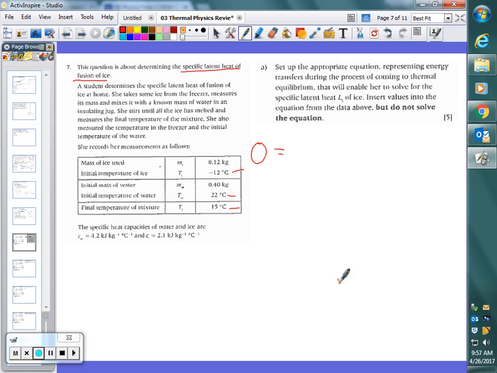So first, we have Q for the ice. Ice heating up from -12 to 0. Then we have Q for melting ice. That's a phase change. Okay? Then we have Q for ice.